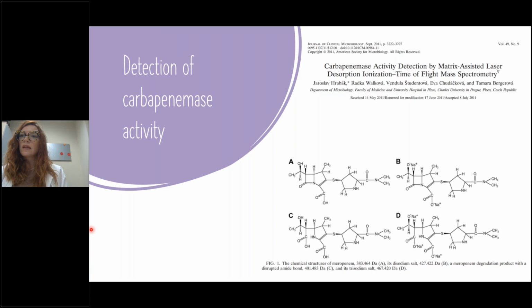And he already used meropenem for his assay and introduced the different mass peaks that were present in the intact molecule in the meropenem and then in the hydrolyzed meropenem, so that everyone could recognize those different patterns and then get to know if your bacteria produces enzymes, so it is able to hydrolyze the antibiotic.